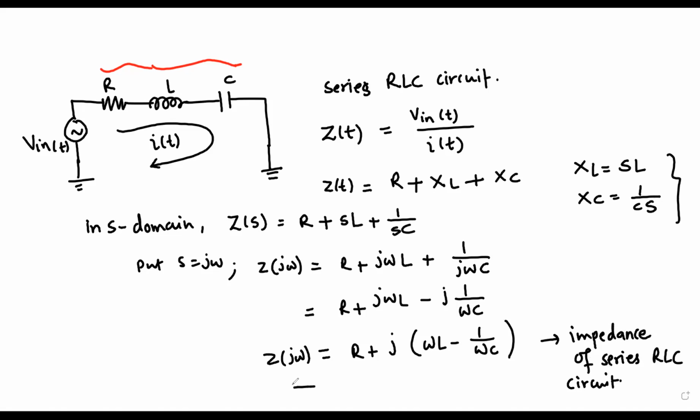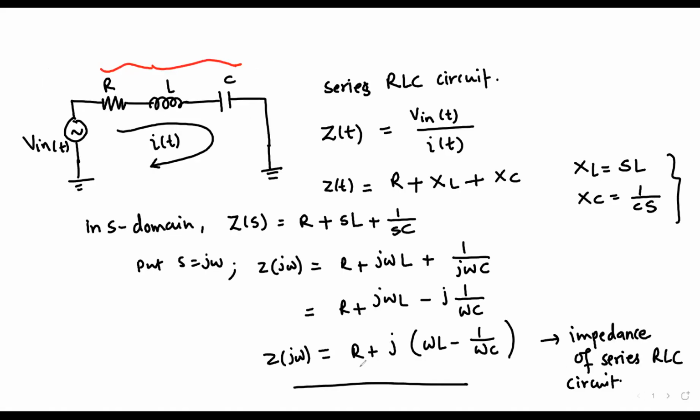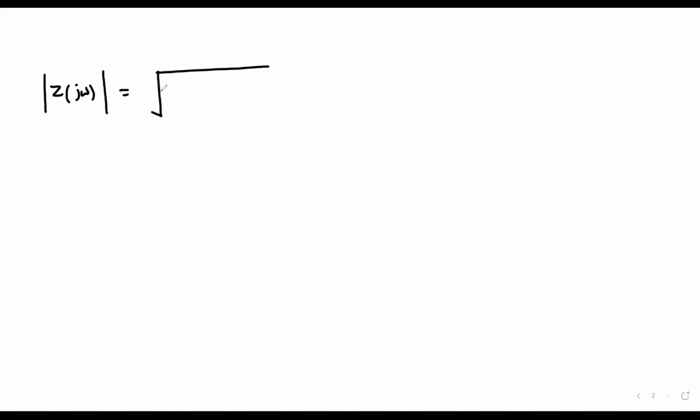So what we see here, we can calculate the magnitude of this equation. The magnitude of Z of j omega would be the square root of the real part squared plus the imaginary part squared. Remember, the real part is R and the imaginary part is this term. So we can write the square root of R square plus omega L minus 1 by omega C, whole square.